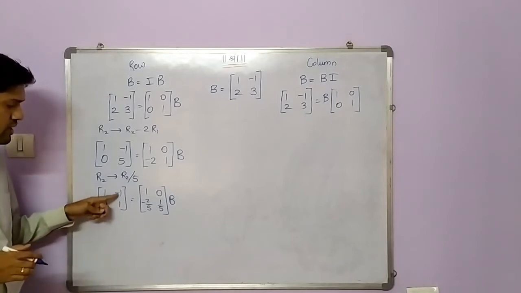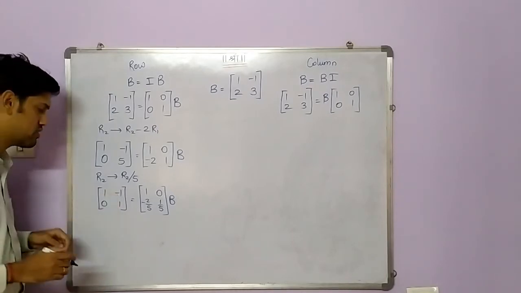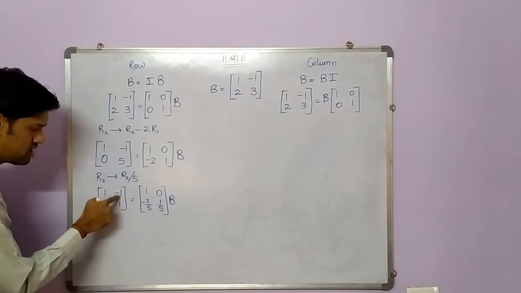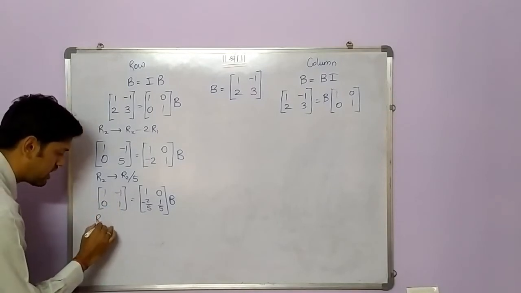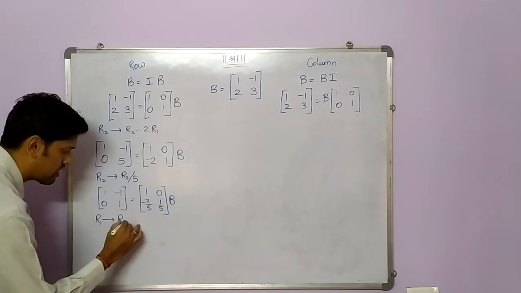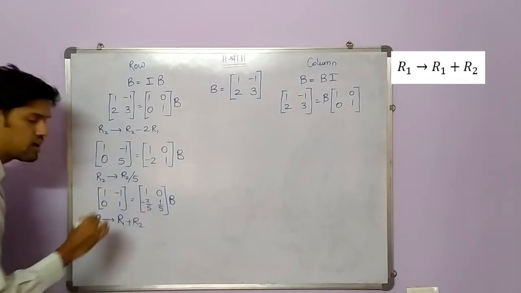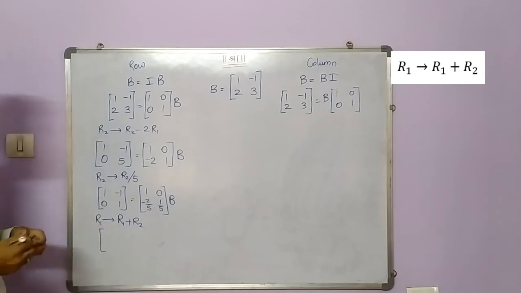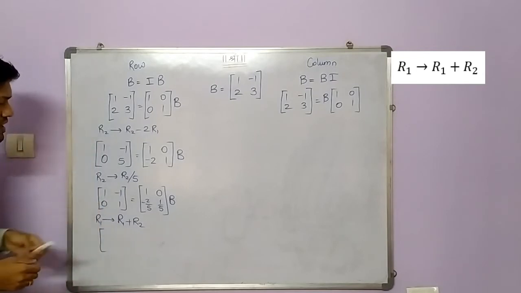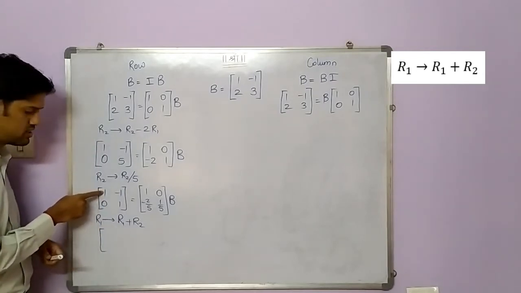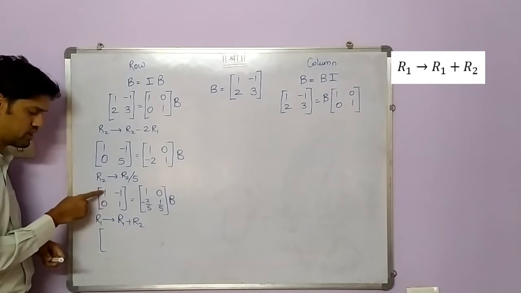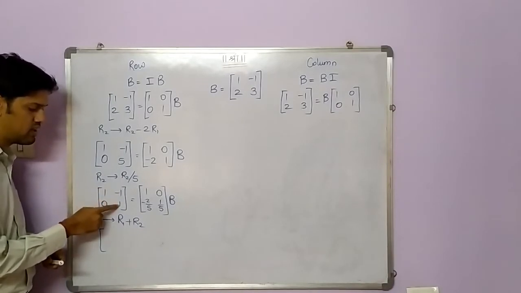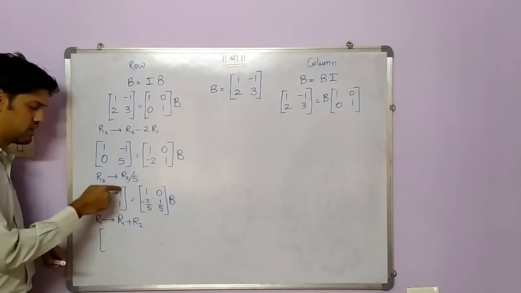The target is to make this as 0. What I will do is, if I add them both, they will become 0. So I will do R1 plus R2. It is very important that you follow the sequence while solving this particular problem. That is to make this 1 first, then make this 0 using this 1, then make this 1, make this 0 using this 1.